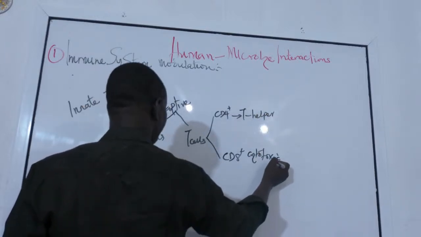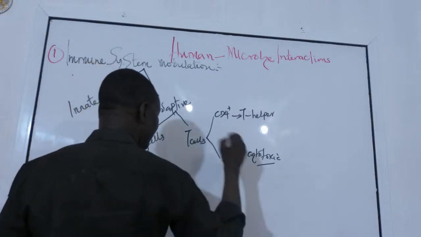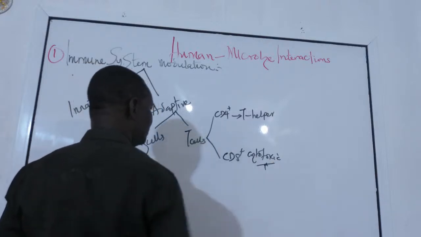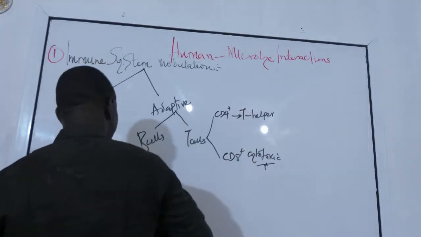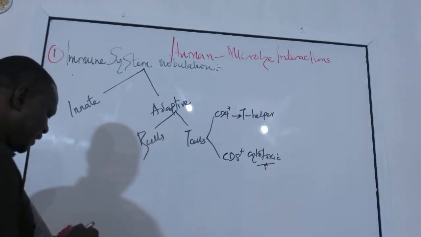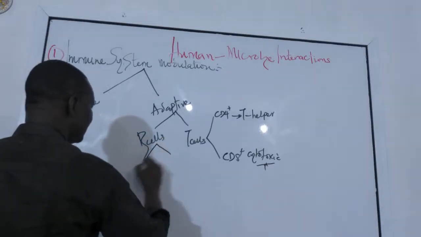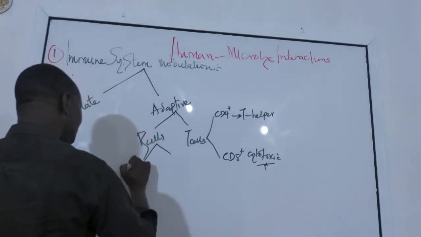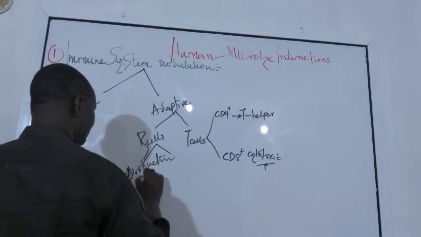This one has the power to directly deal with the pathogen, whereas this one will need the help of some other part. Now we have seen the role played by the B cells, which is the production of antibodies.